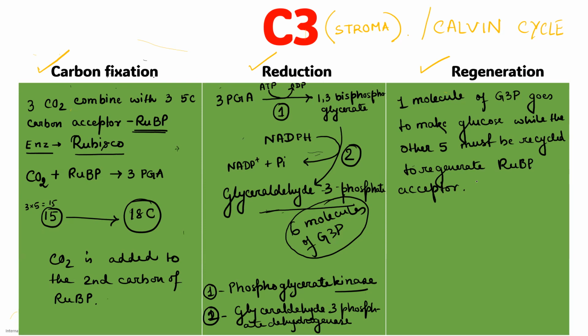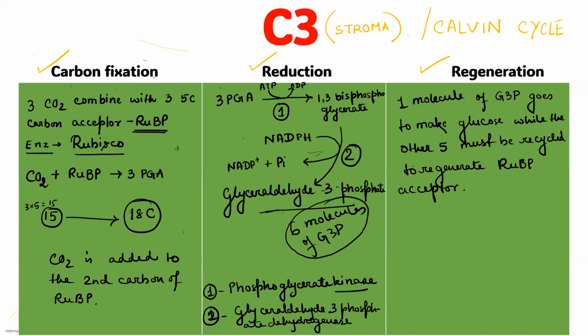In order for one G3P to exit the cycle, 3 CO2 molecules must enter the cycle. It will provide 3 new atoms of fixed carbon. Now, when 3 CO2 molecules enter the cycle, 6 G3P molecules are made.